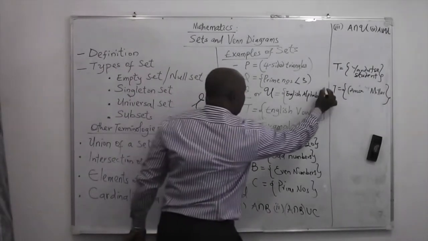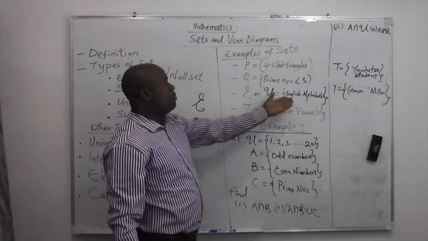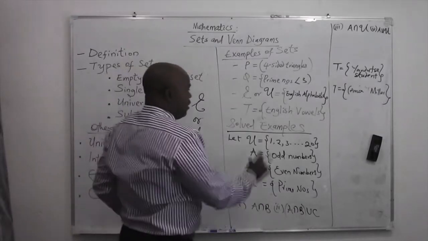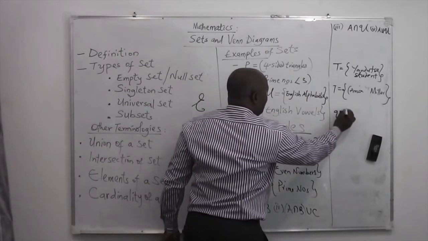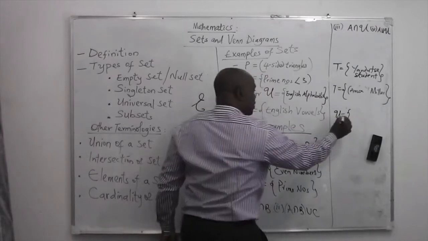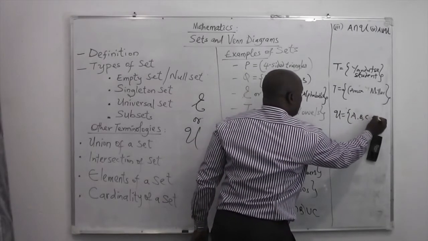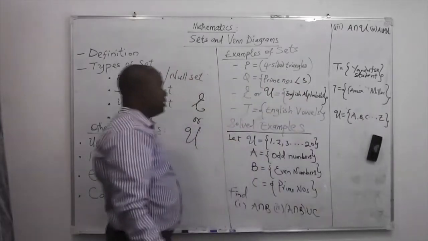So in this example, mu or epsilon represents the English alphabet. That means you are tasked with the responsibility of listing them. That means mu is going to be equal to A, B, C, up to Z. These are the English alphabet.